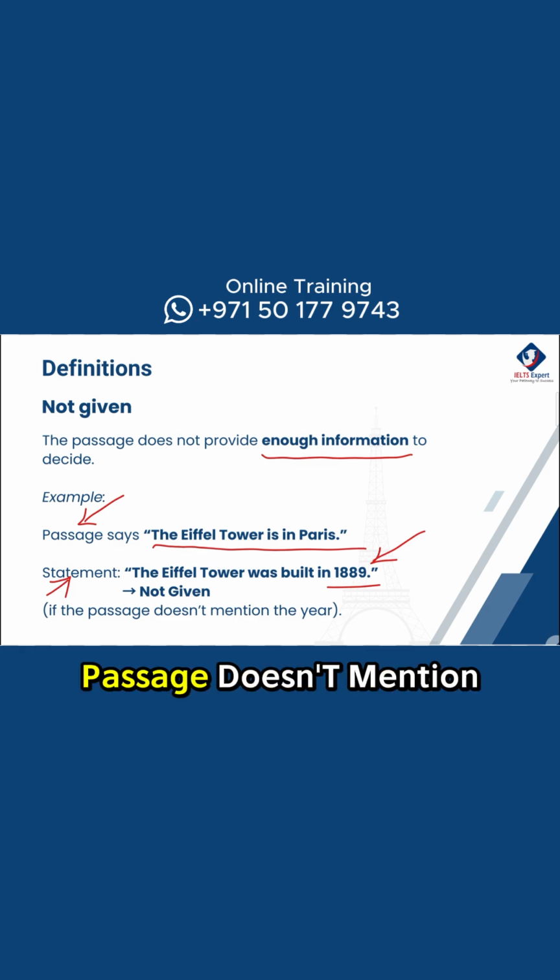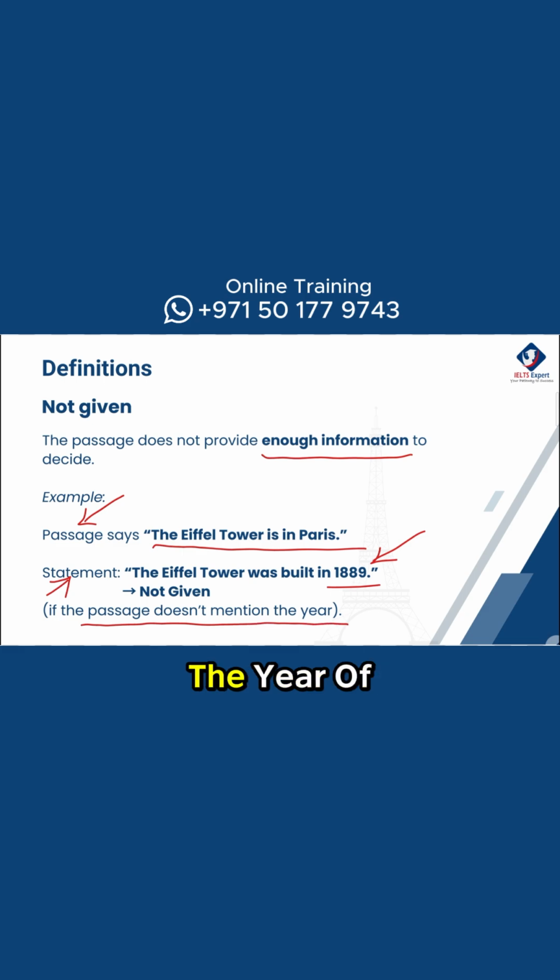So if the passage doesn't mention the time that the tower was built, then you can decide not given, because there is no information about the time that the tower was built, right? So you can decide not given based on the passage, right?